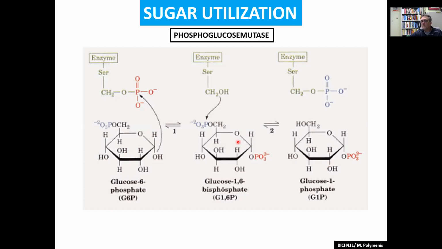The way it changes the phosphorylations is through an intermediate that is doubly phosphorylated. The enzyme contributes one of these phosphorylations, and then the phosphate that was there before at the 6 position is moved onto the enzyme. What you're left with is the phosphate that was put on by the enzyme at the 1 position, and now you've got glucose 1-phosphate.